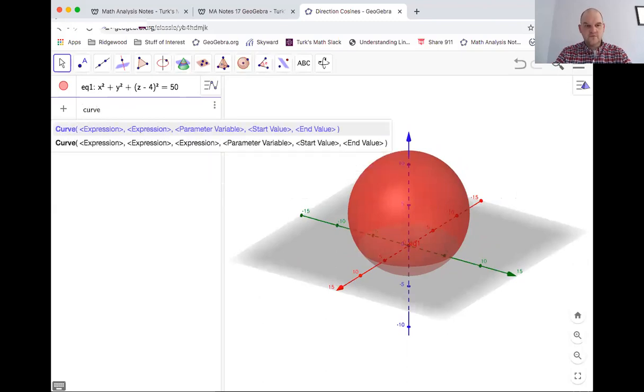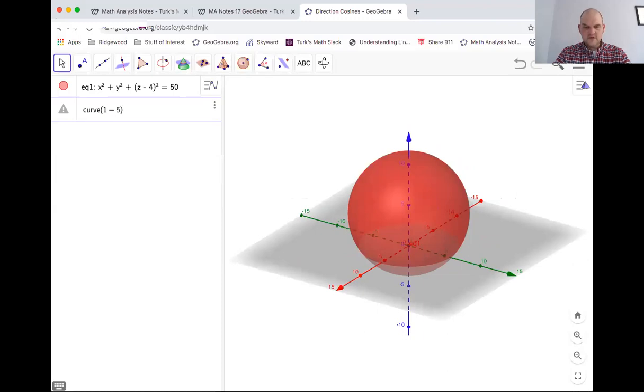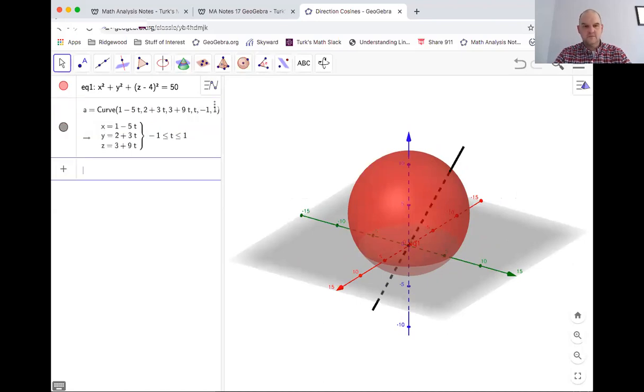I'm going to use curve for that. So curve 1 minus 5t, comma 2 plus 3t, comma 3 plus 9t, comma t, comma, I don't know. I know the t values that I need are negative 0.5, like negative 0.6 and like 0.7. So I'm going to go negative 1 to 1.